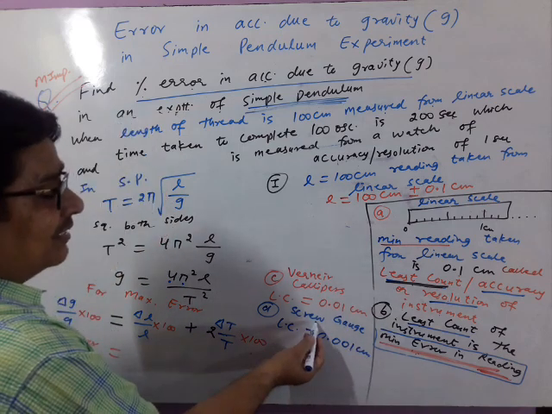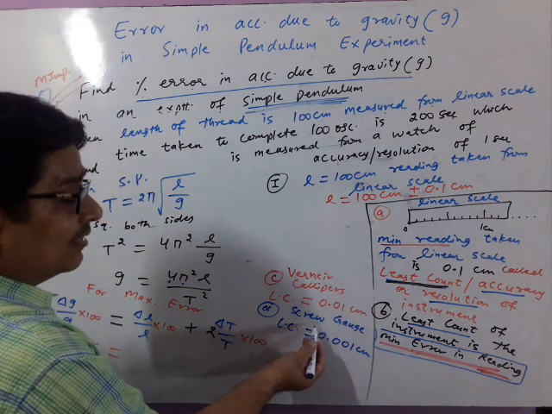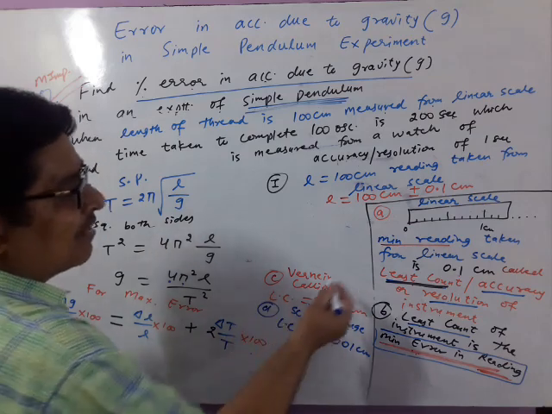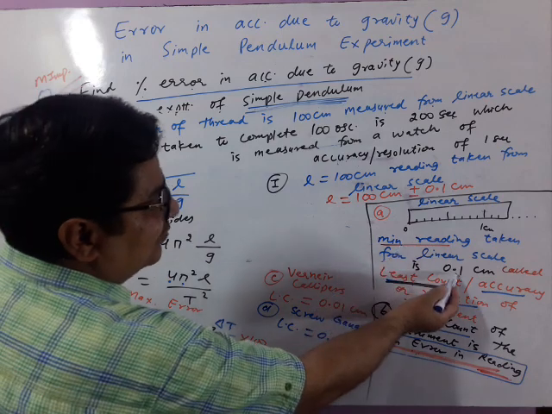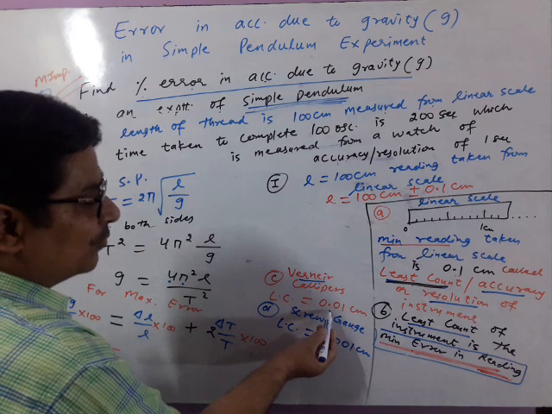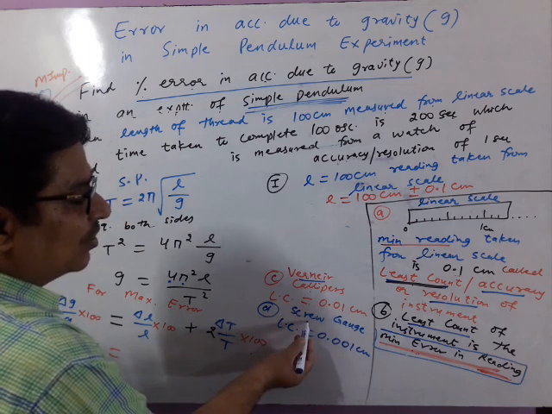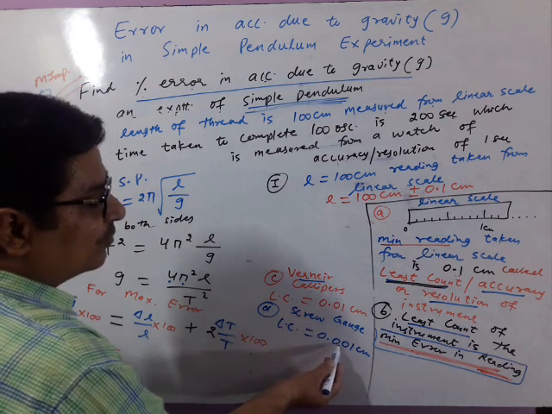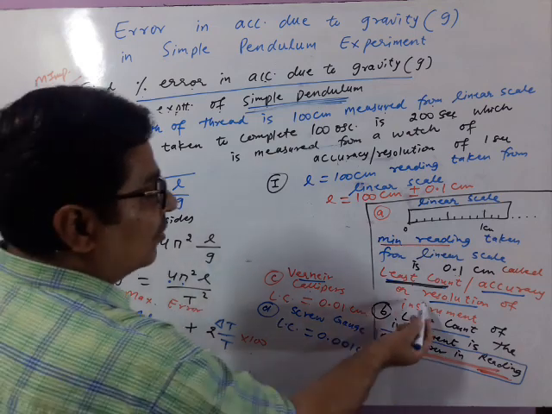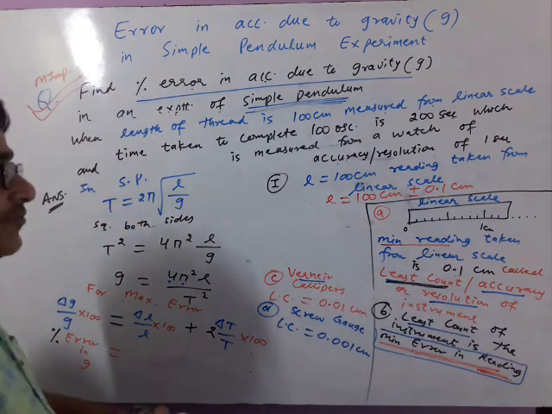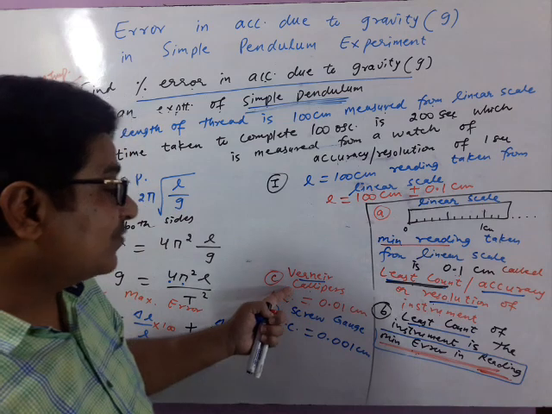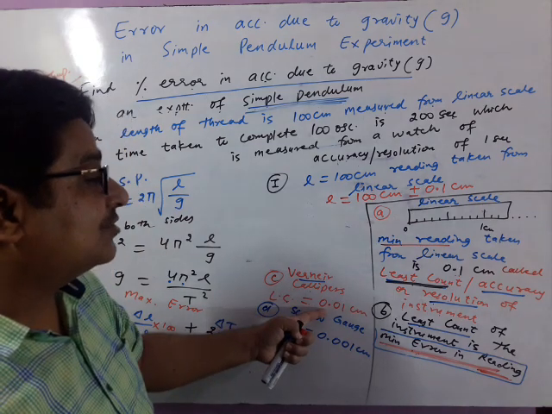This instrument is designed in so many ways with different readings of least count. But as a standard, we say minimum reading of linear scale is 0.1 centimeter, minimum reading of vernier calipers is 0.01 centimeter, minimum reading of screw gauge called 0.001 centimeter. Minimum reading also called least count or resolution or accuracy. So if I say in spite of linear scale, this vernier calipers, then error will become 0.01.